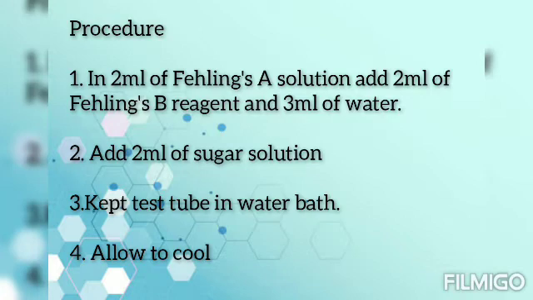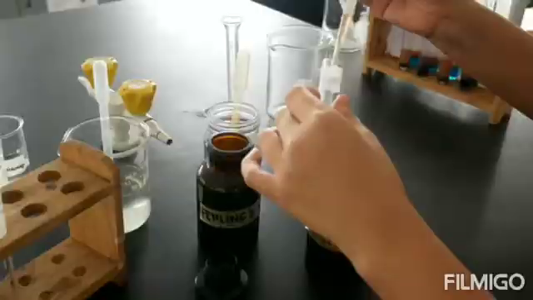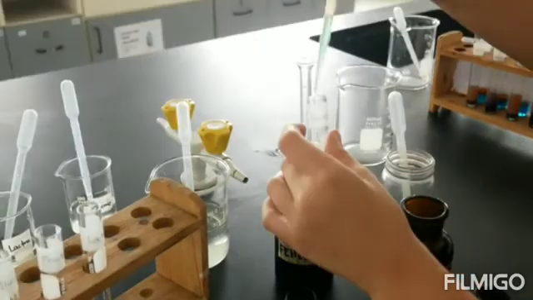Procedure: in 2 ml of Fehling's A solution, add 2 ml of Fehling's B reagent and 3 ml of water. Add 2 ml of sugar solution, keep the test tube in water bath and allow to cool. Here we have added 2 ml of Fehling's A solution in test tube.